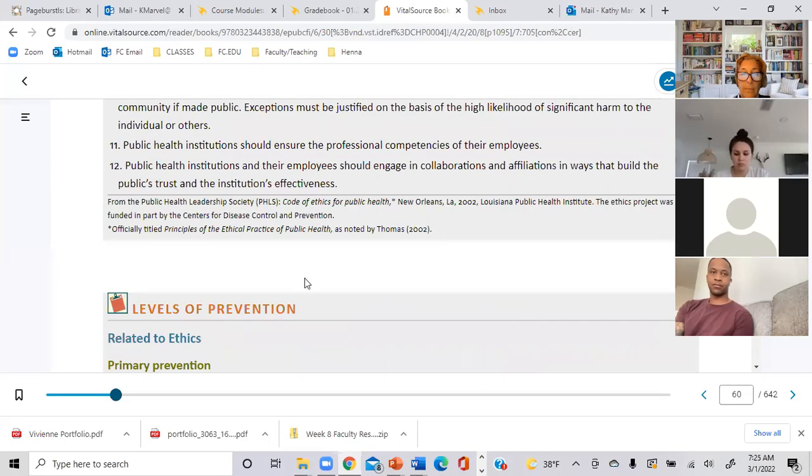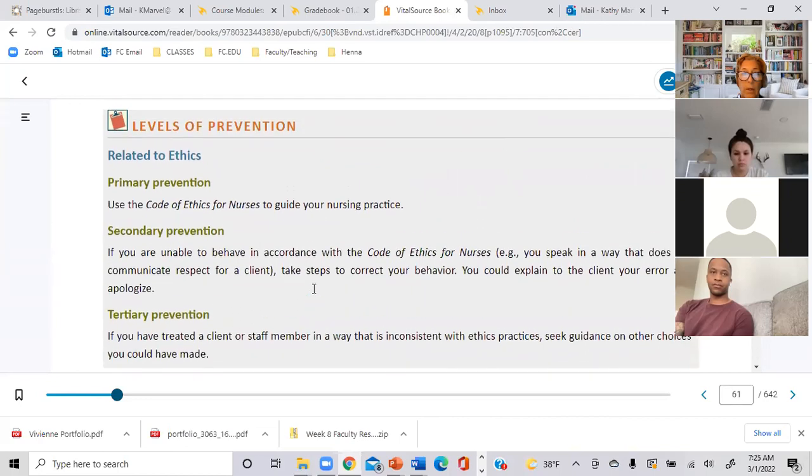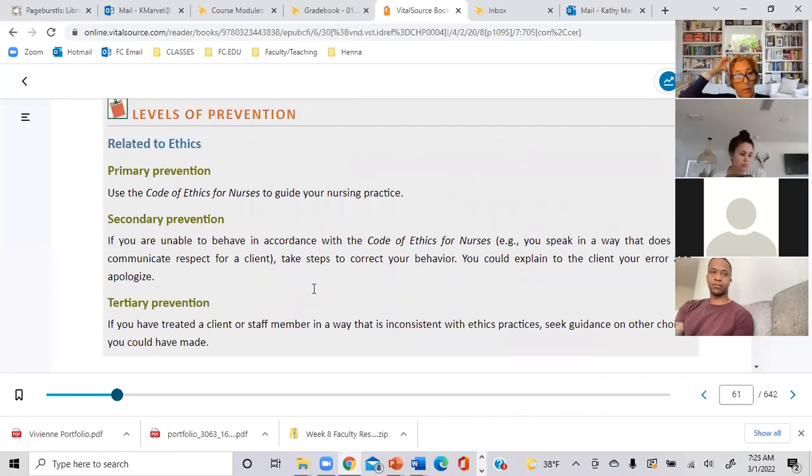And then, of course, let's cover our levels of prevention related to ethics.